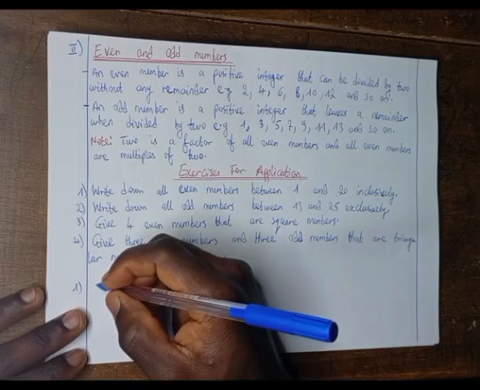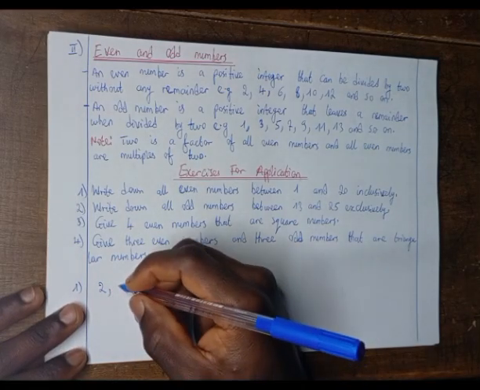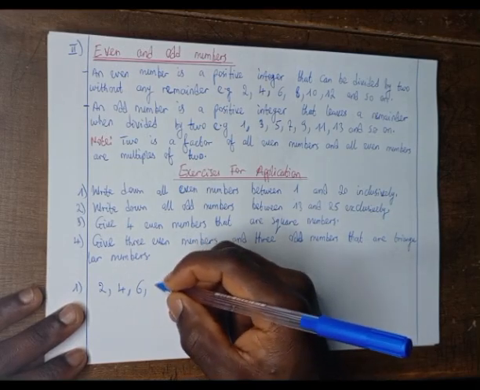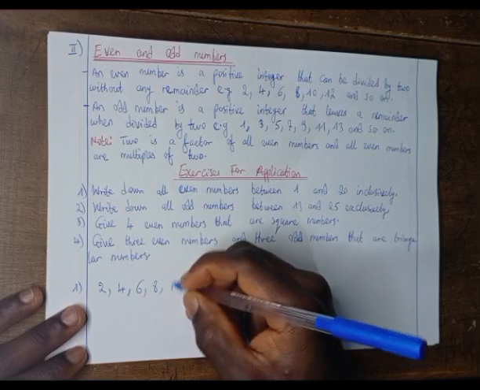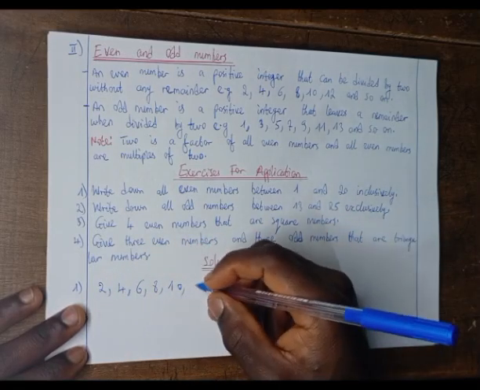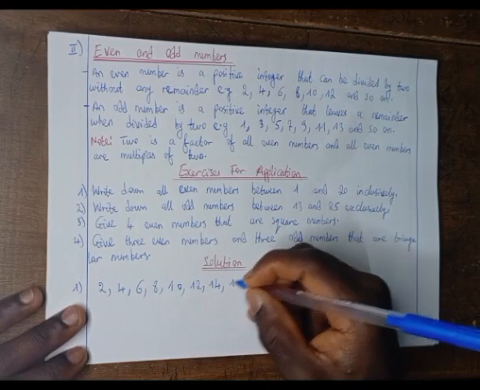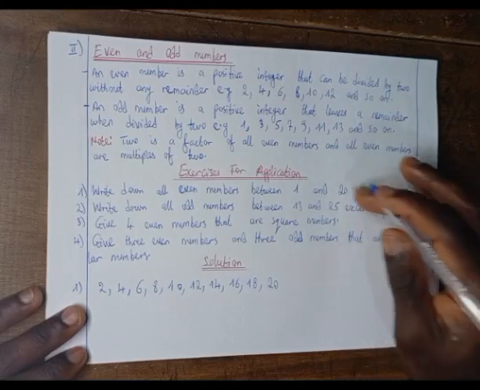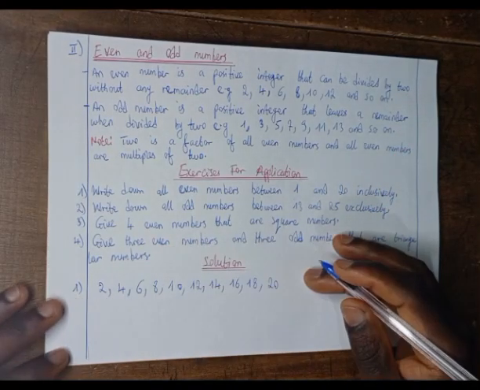We know the first even number is 2. We are going to write down 2. The next even number is 4, the next is 6, then 8. We are simply adding 2. After 10, the next 12, 14, 16, 18, and lastly 20 inclusively. So we are done with question 1.